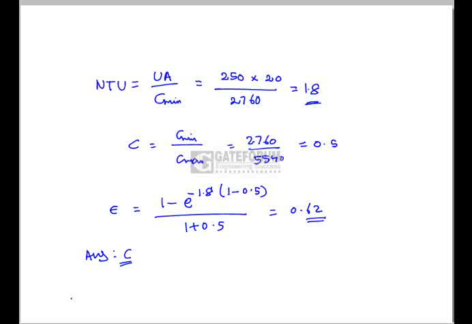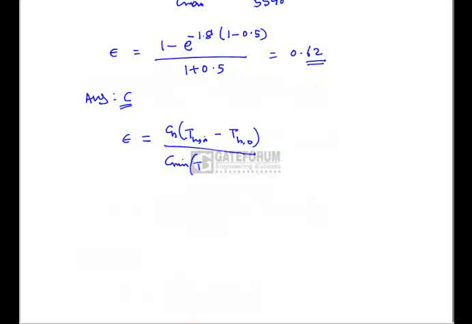And coming to the second question, we will have to calculate the exit temperature of the hot fluid, and again from the epsilon or effectiveness of heat exchanger, we can write it as Ch into (Thi minus Th out), that is the hot fluid temperature at the inlet minus hot fluid temperature at the outlet, by C minimum into (hot fluid temperature at the inlet minus cold fluid temperature at the inlet), which is equal to 0.62.